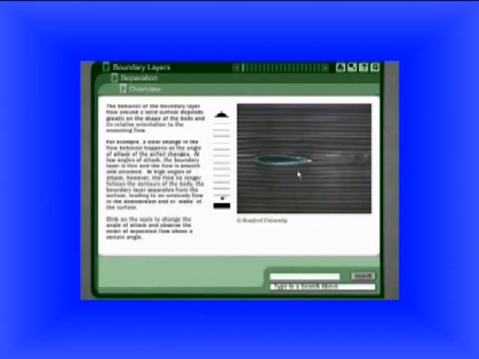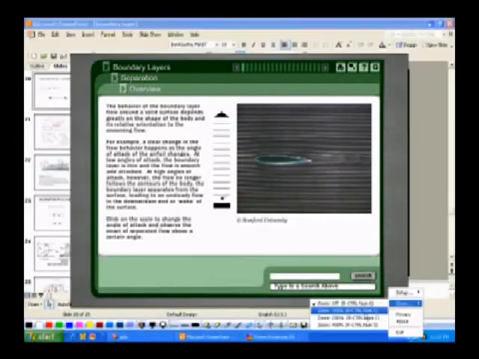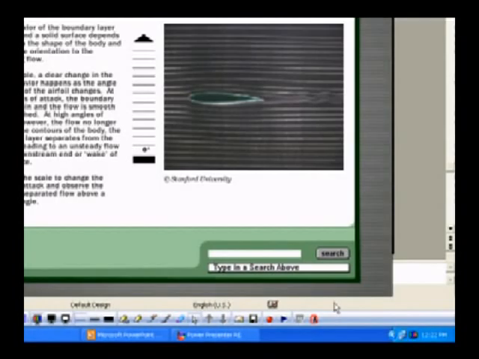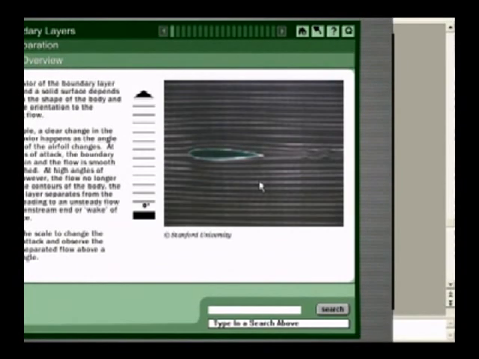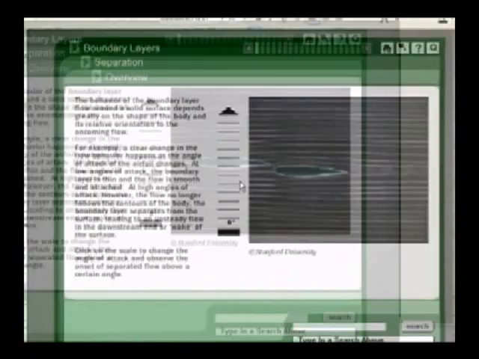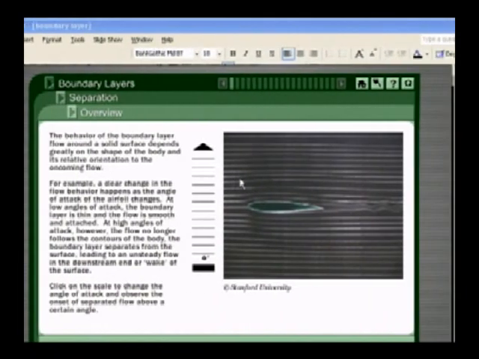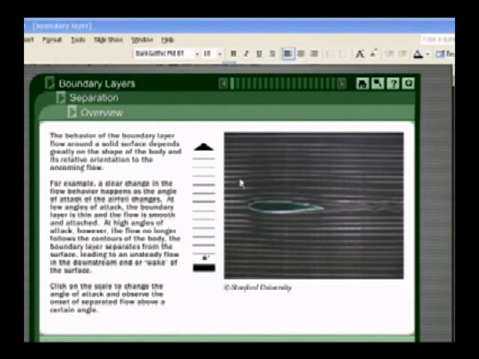So in this video, we have a flow taking place in the x direction and we have an aerofoil.